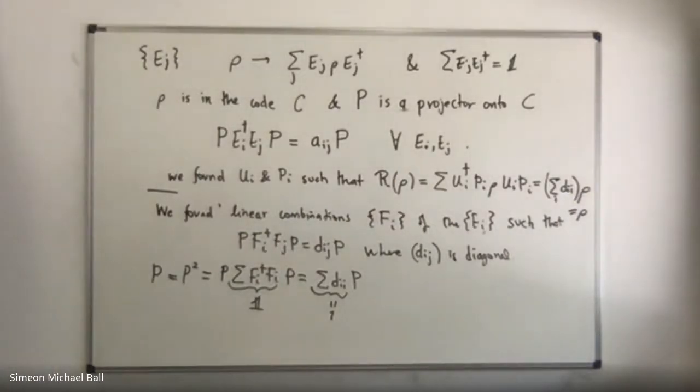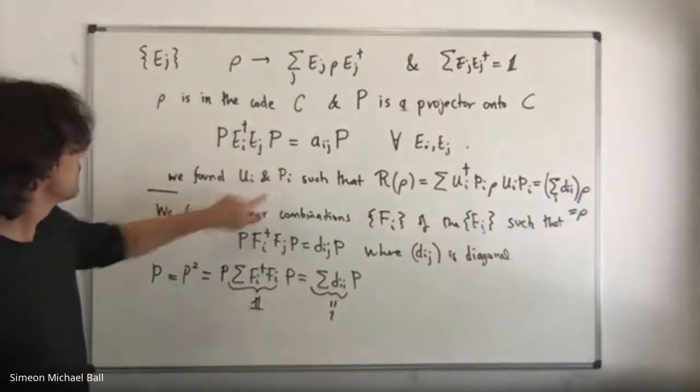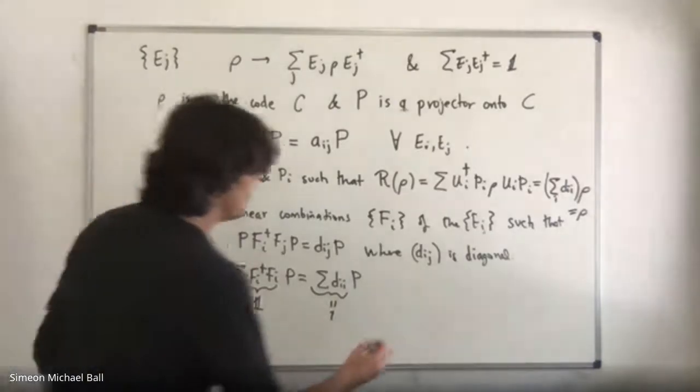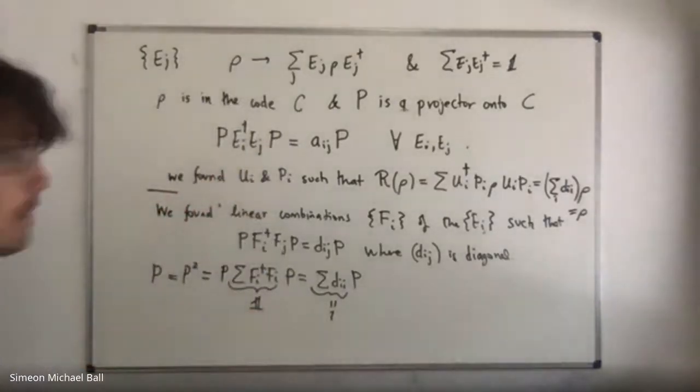Okay, so we need one more thing from last time, where at one point we proved the following equation, which relates these U_i's with these F's. Let's put that up at the top.